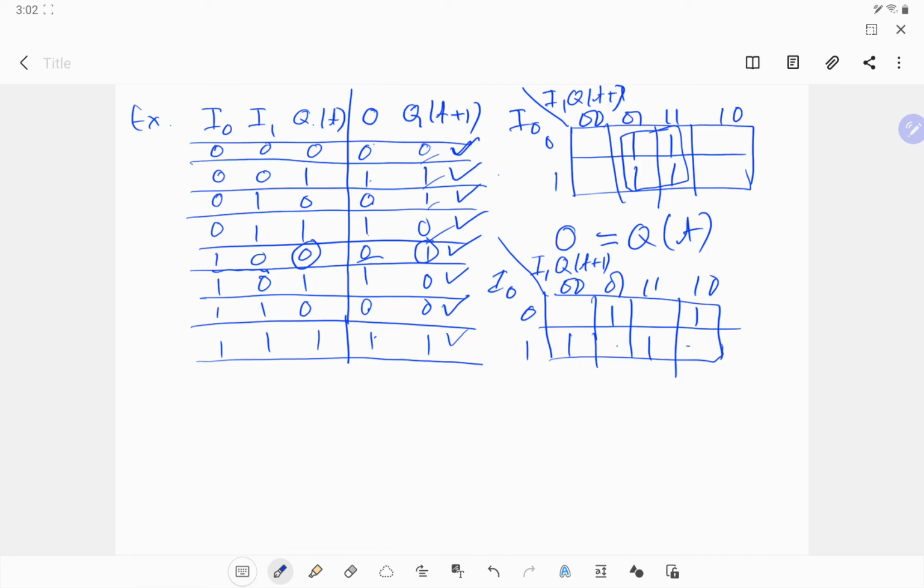Now we can take this one individually, that one individually.